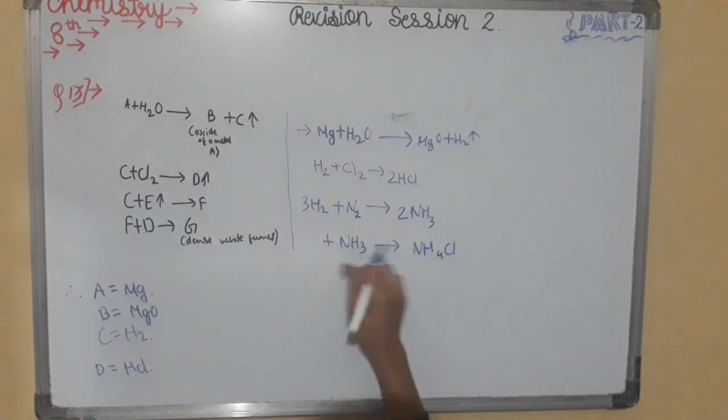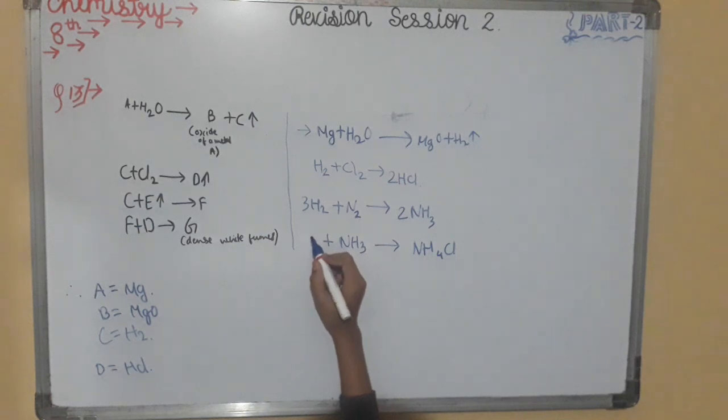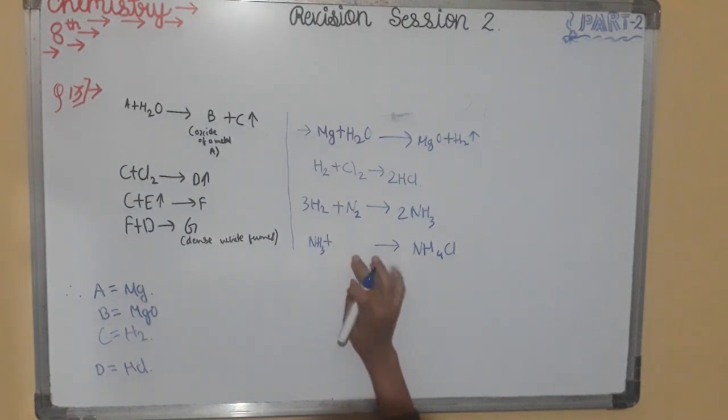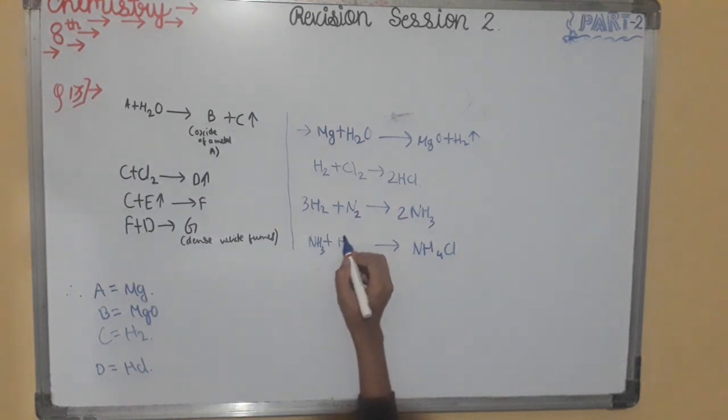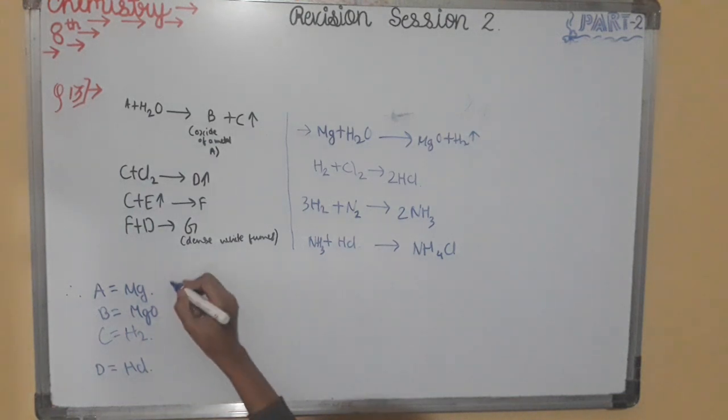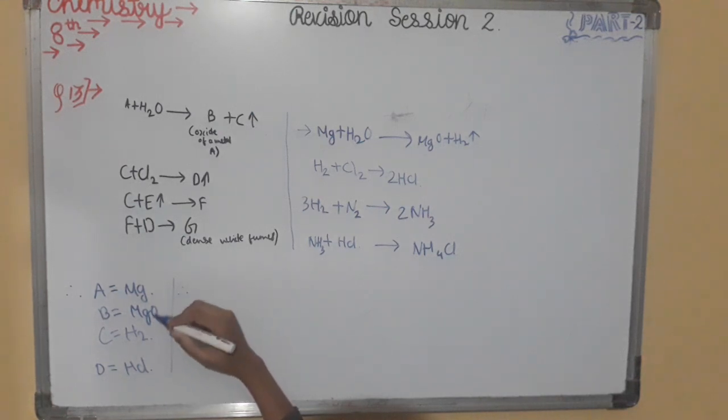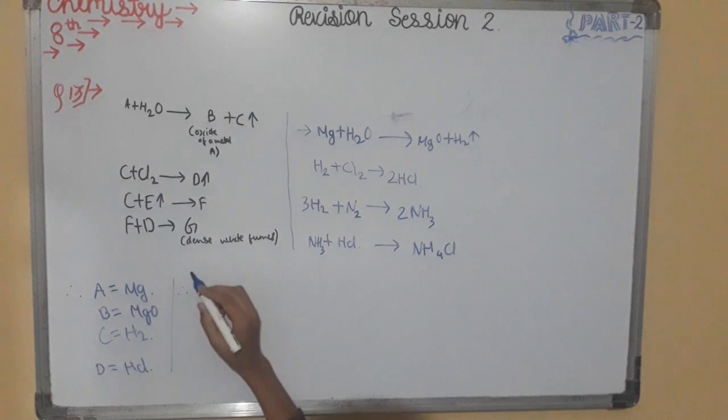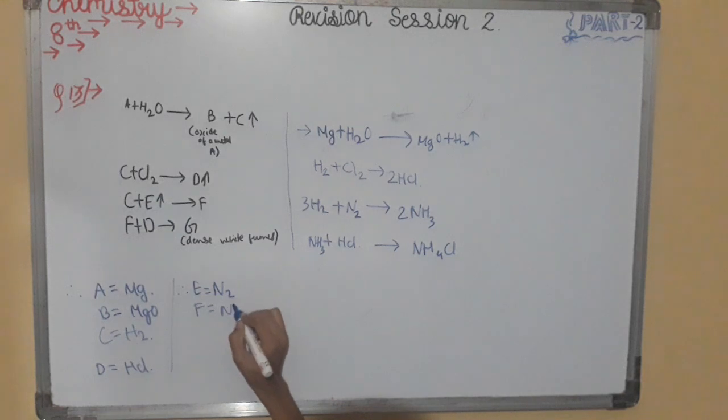By observing this and balancing, we get the value of F as NH3 and the value of D as HCl. Therefore, we have got the values of A, B, C, D. The value of E is N2, F is NH3 and G is NH4Cl.